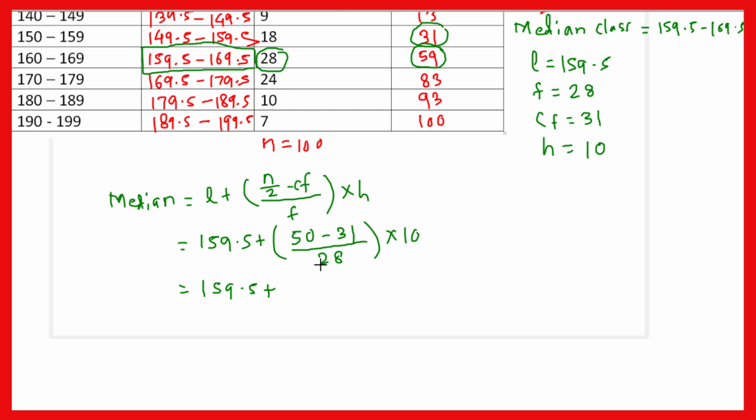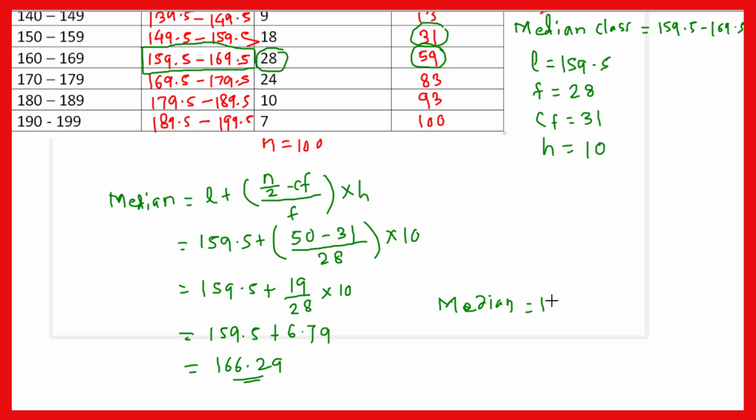So it will be 19 by 28 multiplied by 10. And so which is equal to 159.5 plus, if you solve this part, you will get 6.79. And add this together, you will get 166.29. And therefore the required median of the given data is 166.29.